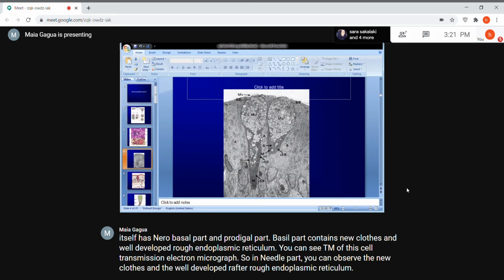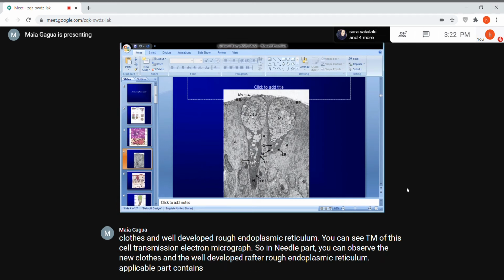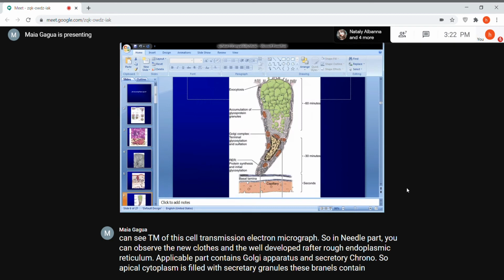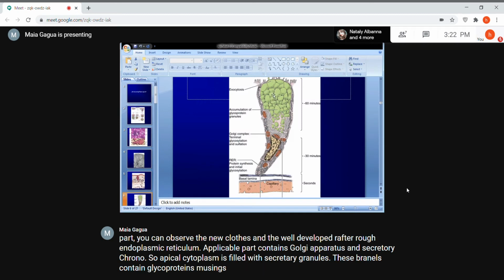The apical part contains Golgi apparatus and secretory granules. So apical cytoplasm is filled with secretory granules. These granules contain glycoproteins, mucins. Mucins are released from the cell by exocytosis.